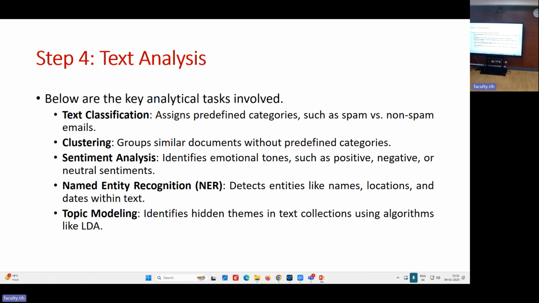In that case you can apply sentiment analysis. And this is again a classification problem, in which you are given the classes positive, negative and neutral, and on these three classes you can categorize your data.